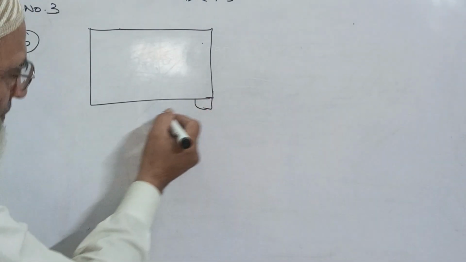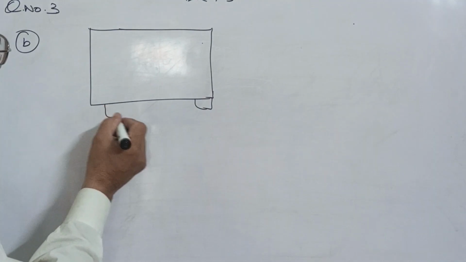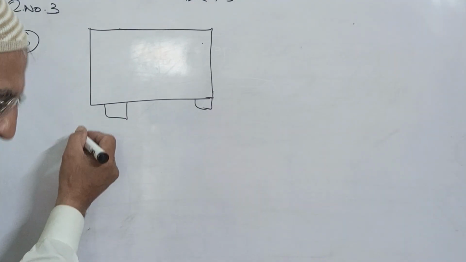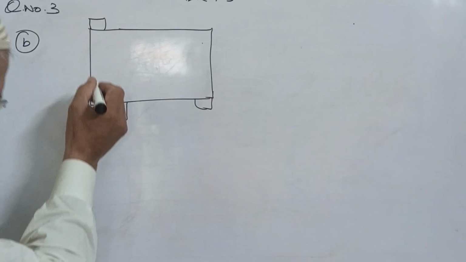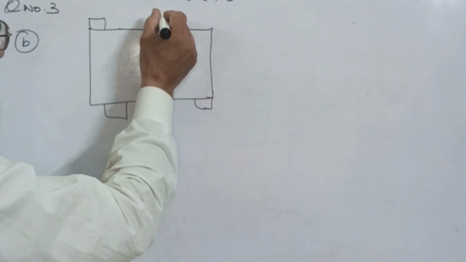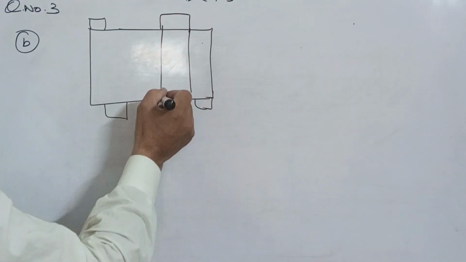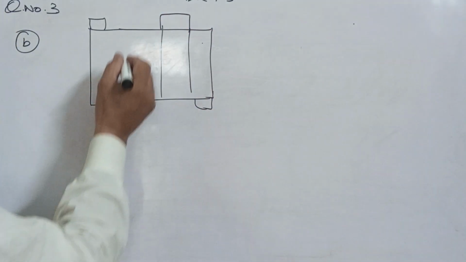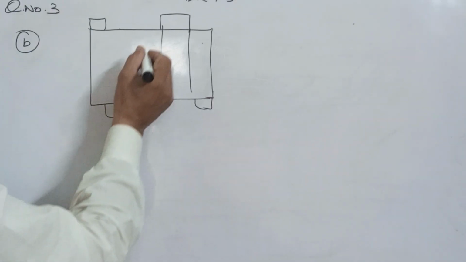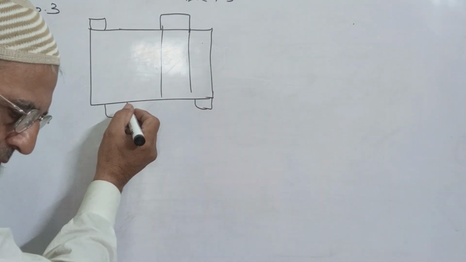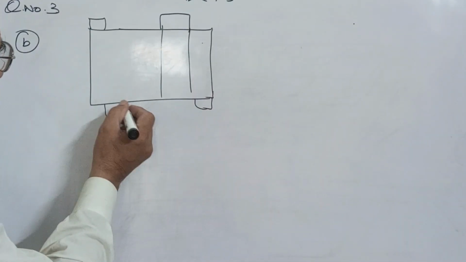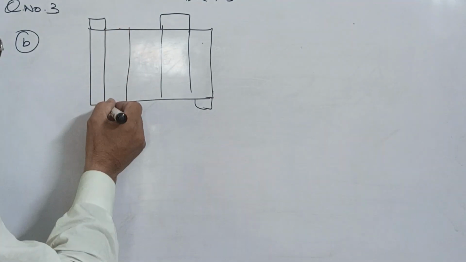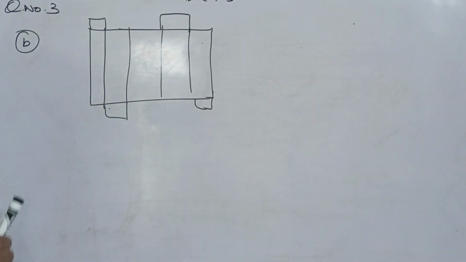There is one flap over here, one flap over here, one flap over here, and one flap over here, and this and this, and this and this. So you see, how many faces are there?